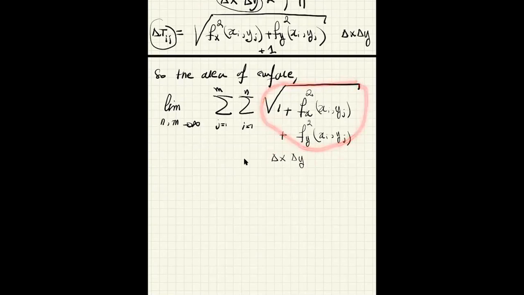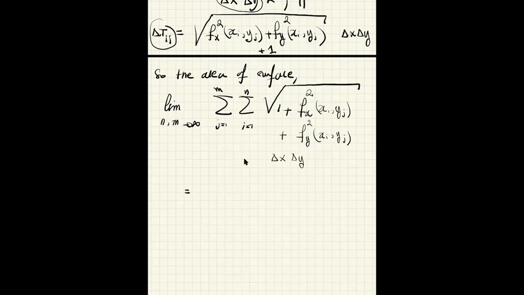You remember, it was also for the applications. We have like a density here, or a moment or something. But as soon as you have this kind of form, where you have a point x_i, y_j, a function that is evaluated on that point, times the small rectangle, and then you sum, that is a double integral.